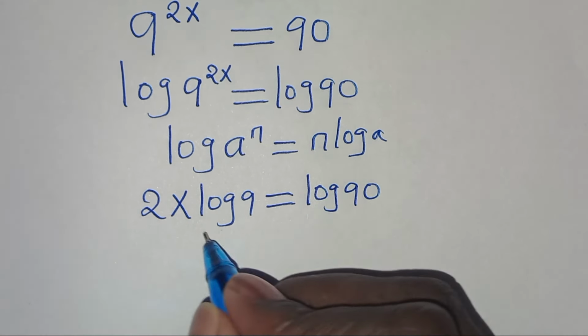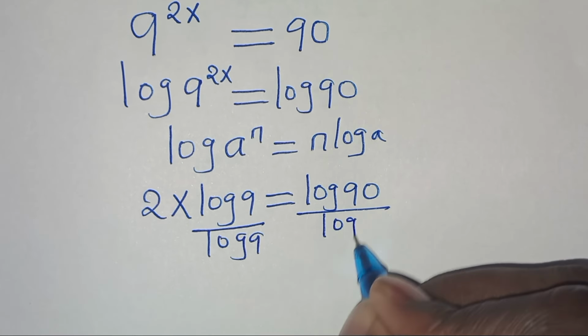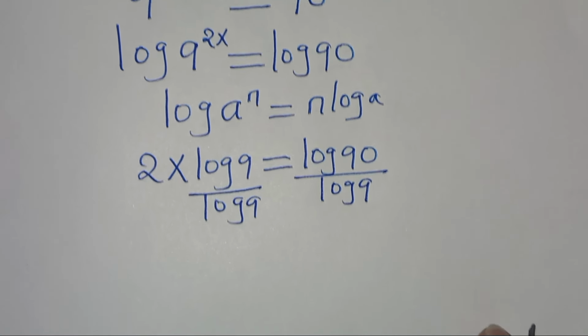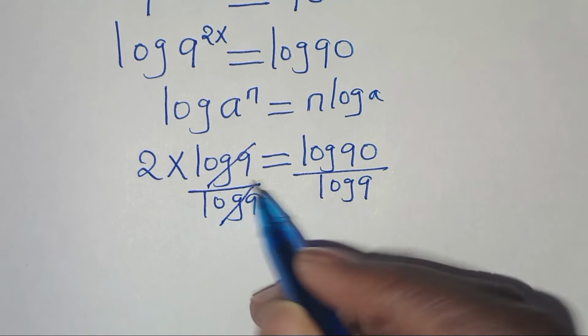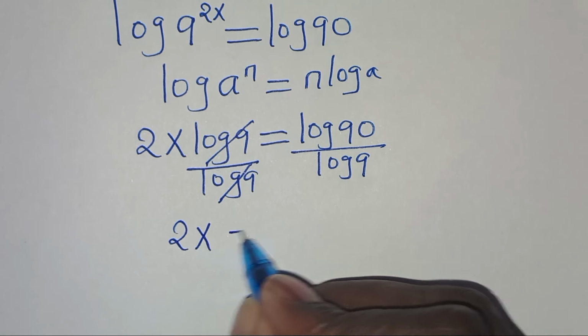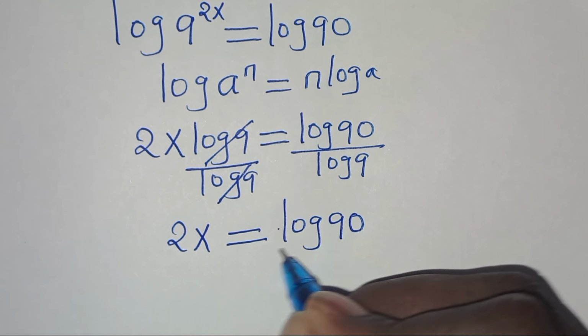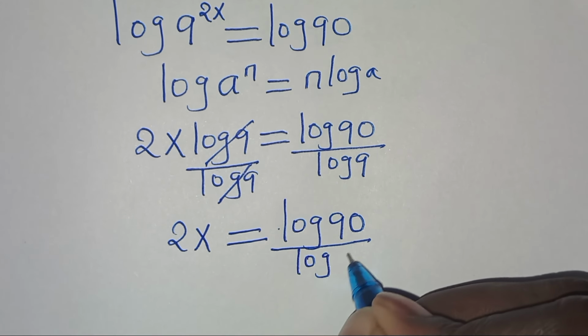So let's divide both sides by log 9. Here we have log 9, so that now log 9 here simplifies. And this implies that 2x is equal to log 90 divided by log 9.